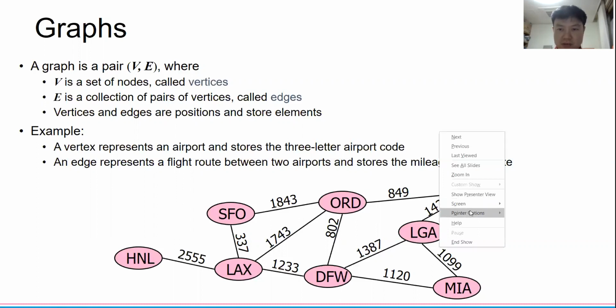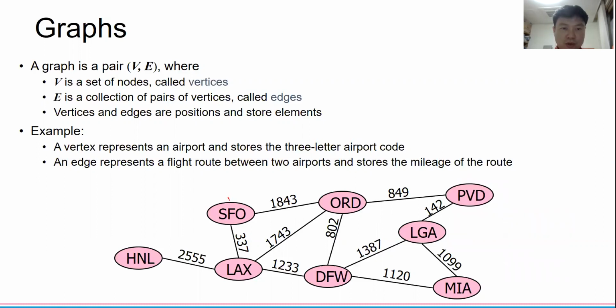So we can say that this is a node, this is a node. And we also have E. E is a collection of pairs of vertices, which we call edges. So V indicates vertices, and E indicates edges.